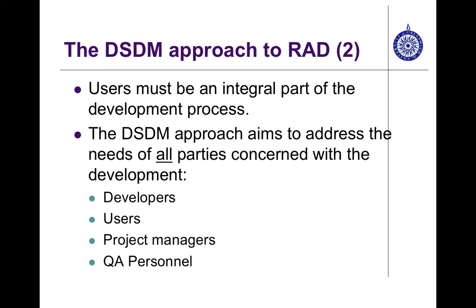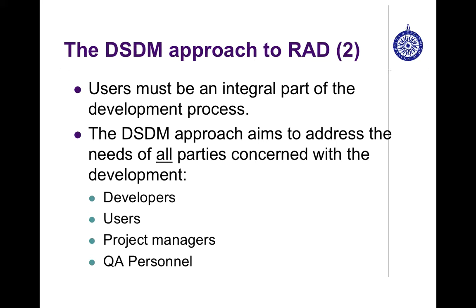And the original DSDM methodology was based on 13 principles. There was a list of 13 different principles if you wanted to follow the DSDM concept. However, from version 2 onward of the DSDM, it was refined to 9. However, 9 is still too much.